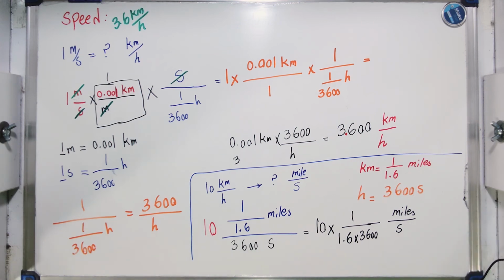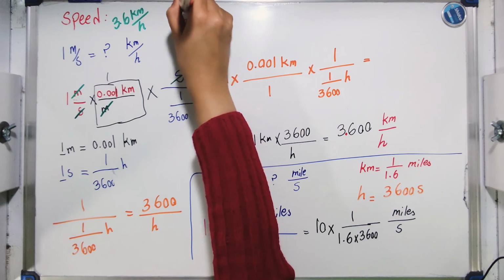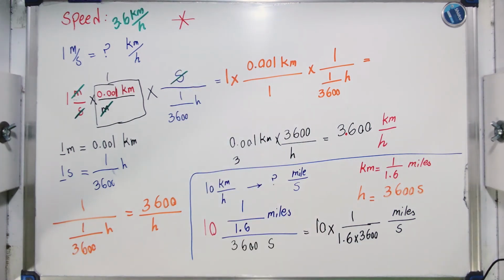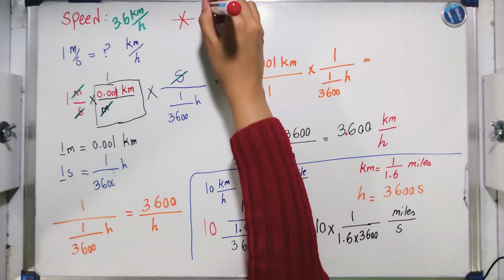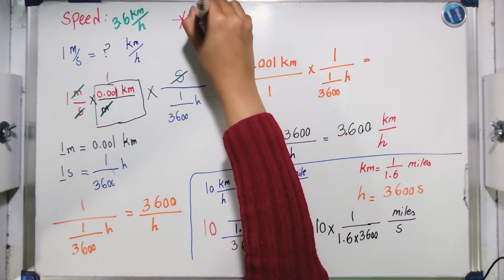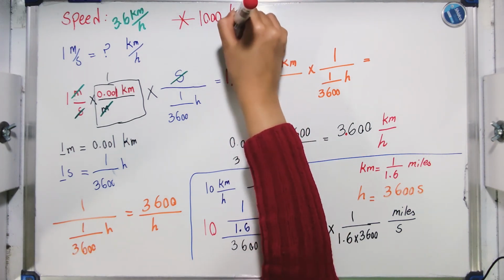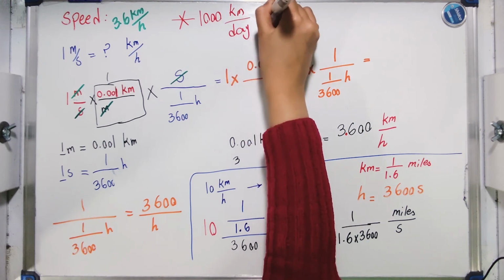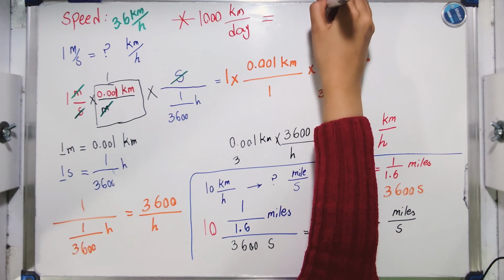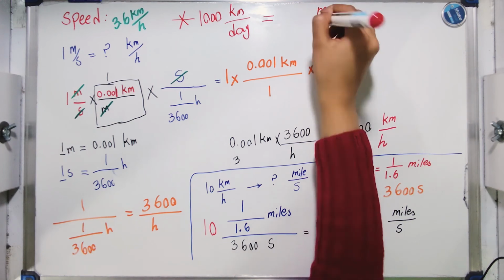So, guys, for you now, you are a unit conversion expert, and I'm sure that you can tell me if a satellite can go at the speed of 1,000 kilometers per day, find this speed in meters per second.